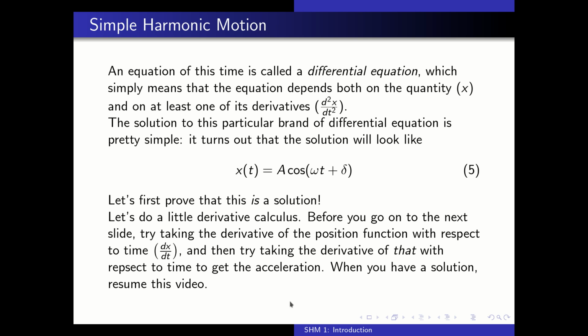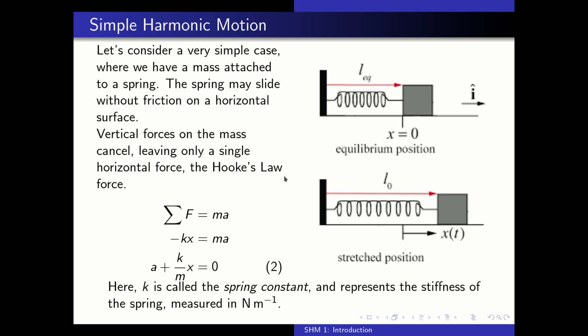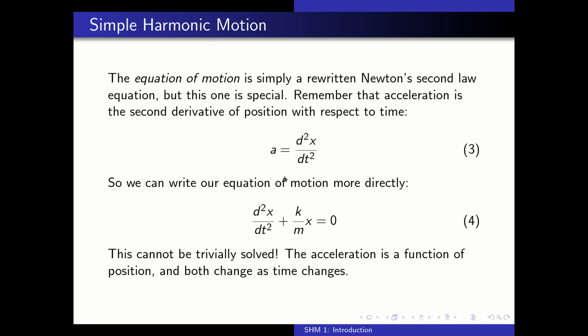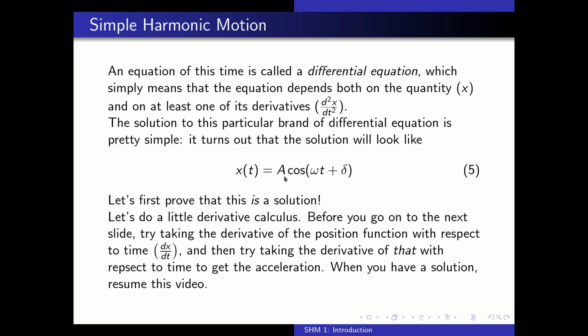So that solution in this case looks like equation 5 listed here. This is a solution to the equation of motion, which is to say this is an equation that shows us how position changes as a function of time. And it tells us that when we have a problem that has this equation of motion, either written as equation 2 or as equation 4, the solution will be a sinusoidal type function.